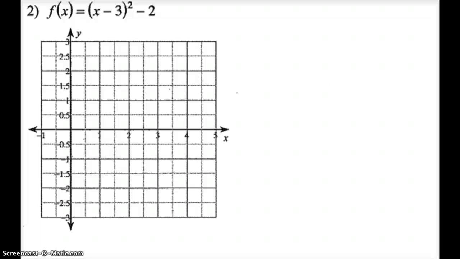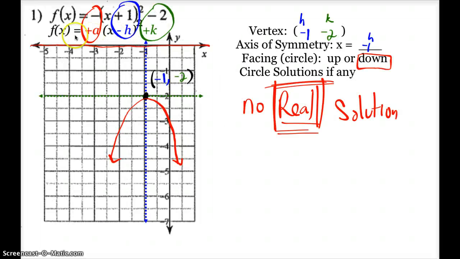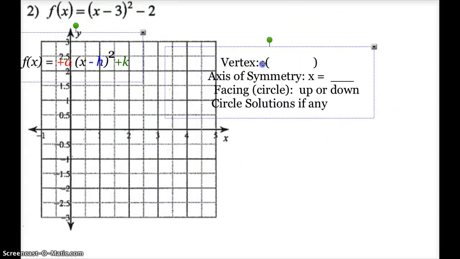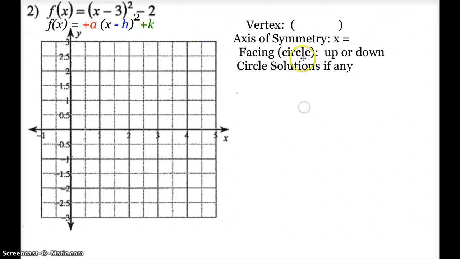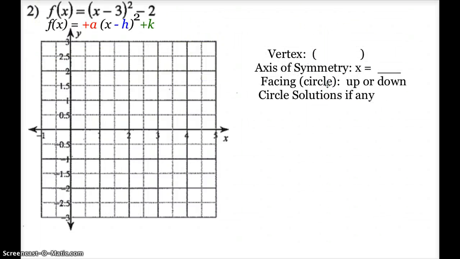Okay, we're going to keep this party going. Same thing, I'm going to bring this item and this item over. Vertex is going to be H comma K, and H is also my axis of symmetry. Here is your K, -2, and here is your H. Opposite of -3, I want the opposite, +3.